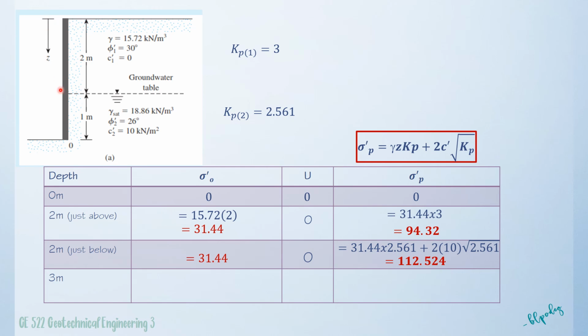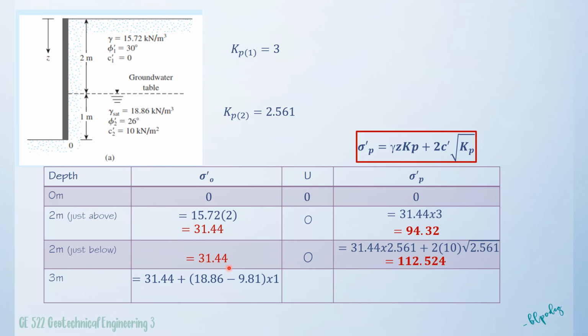Next, at a depth of 3 meters, so that is 2 plus 1, the vertical stress at this point is simply all the stresses or the weight of the soil that it carries. So lahat ng mga weight of the soil sa above niya ay i-consider natin. So first is, yung stress or yung weight ng soil at this point na nakuha na natin.